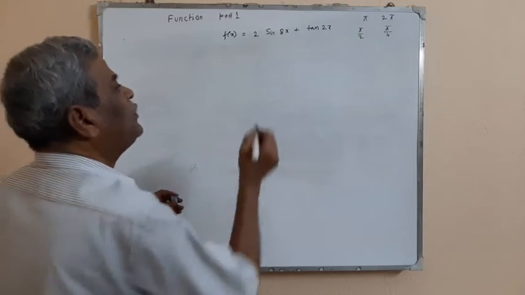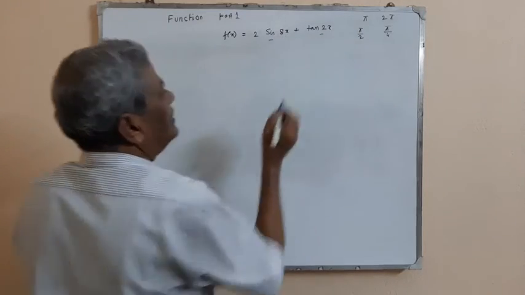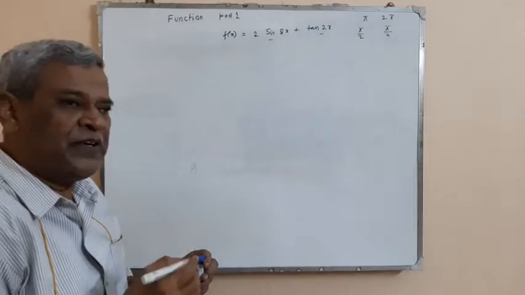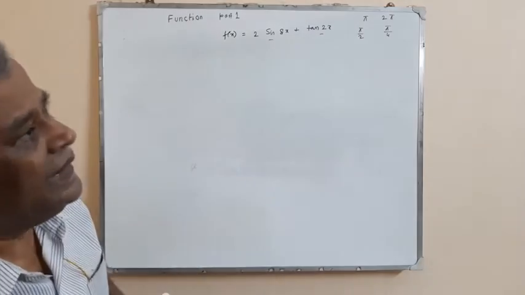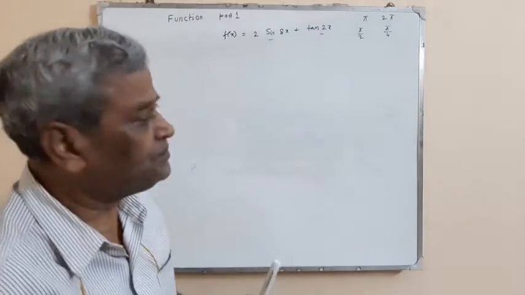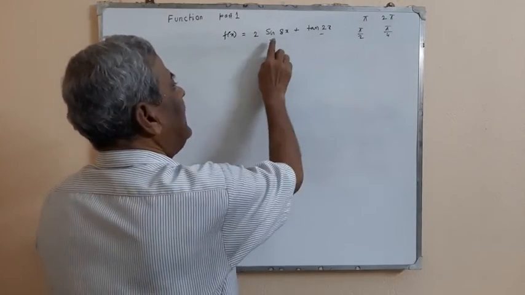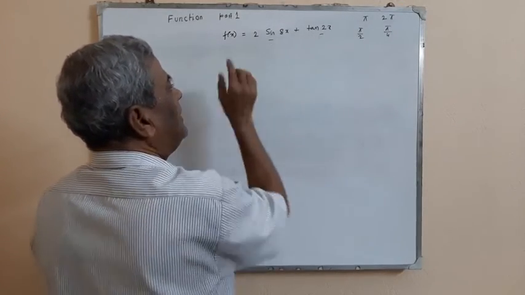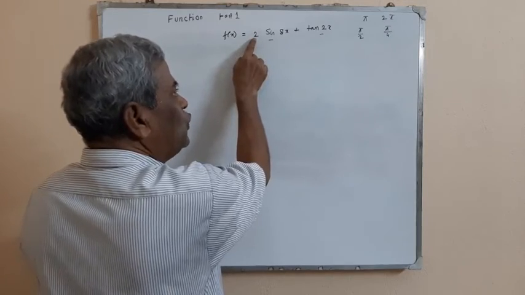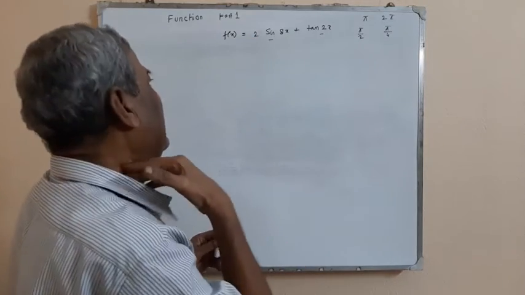This function has two parts. Both are trigonometric functions, so both are periodic. So we have to find the period of this and the period of that. The constant 2 is immaterial.